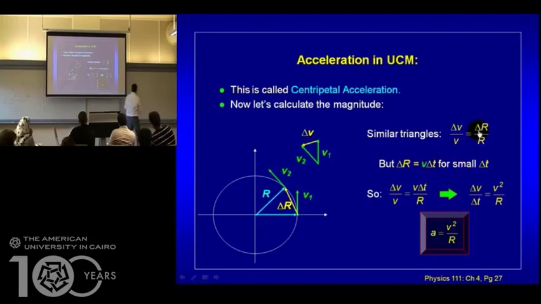So now we know that delta V over V equals delta R over R. Delta V over V equals V delta T over R. Delta V over delta T equals V squared over R.